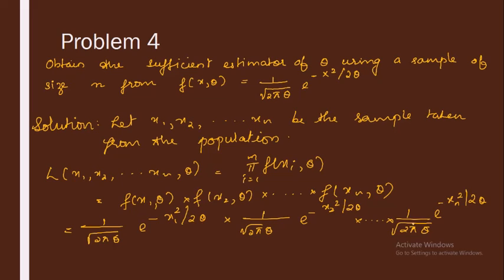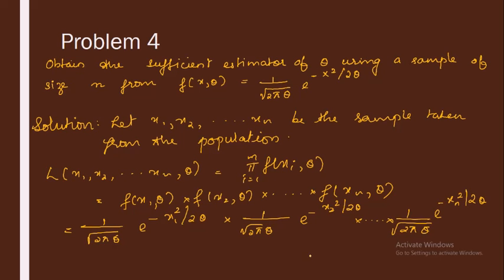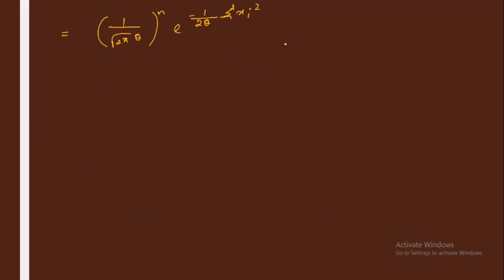Now what is the next thing that you have to do? You have to club all the values. So when you club it, what do you get? 1 by root 2 pi theta, the whole raised to n, because there are n times, e raised to minus 1 by 2 theta, summation xi square. Hope this is justified. Then you can write this as multiplied by 1.